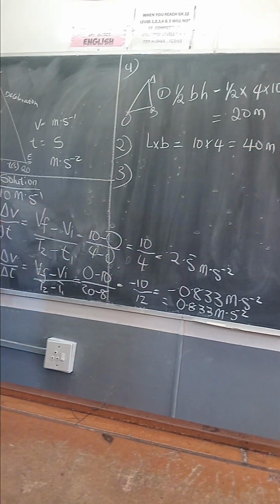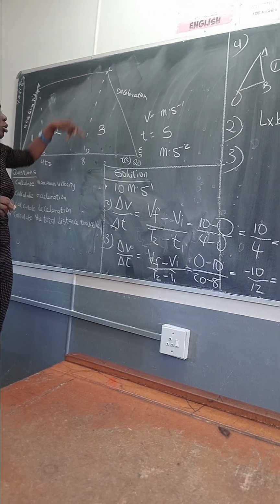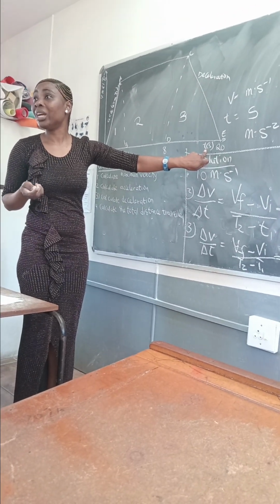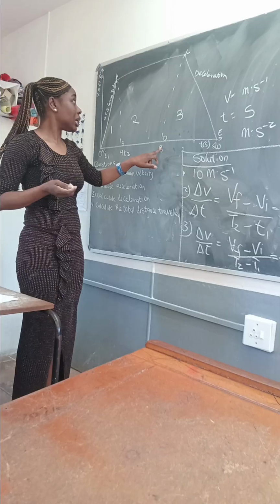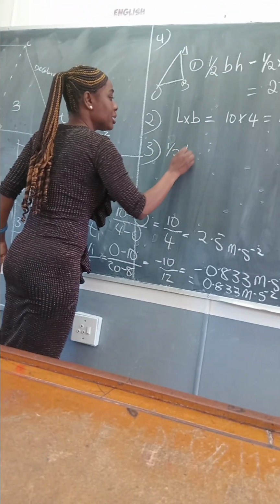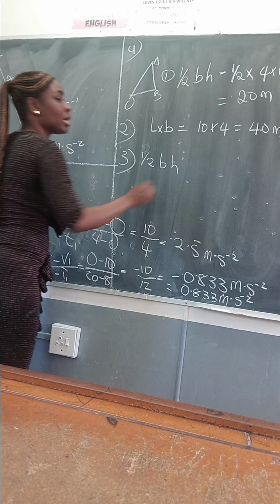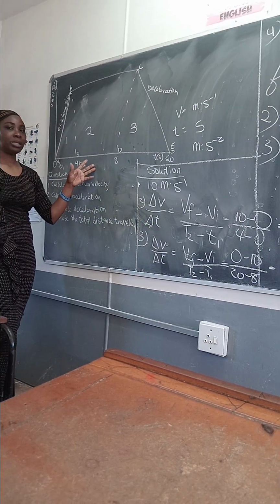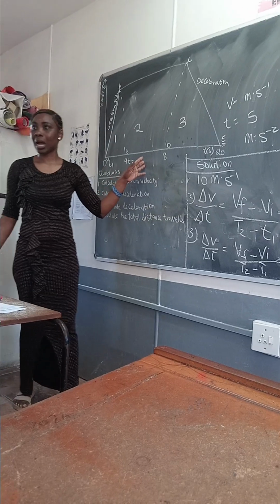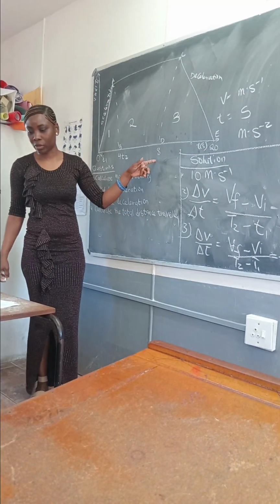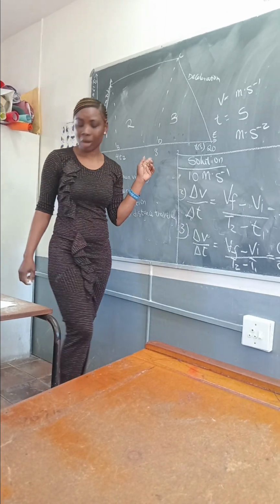Now let's go to the third section. The third section also looks like the shape of a triangle. So we're going to calculate the area of a triangle, and we're also going to say half times base times height. The base is 20 minus 8, so we're going to have 12.